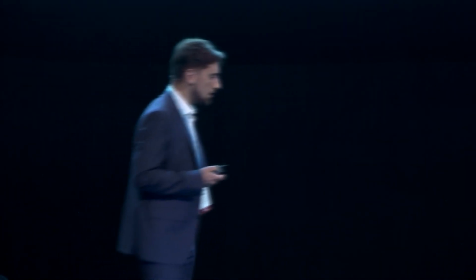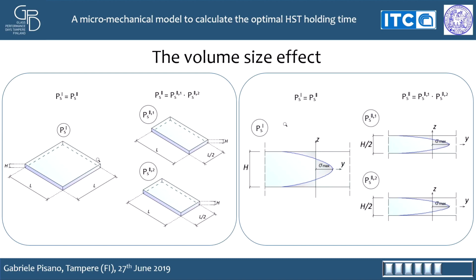So for what concerns the volume size effect of the model, it is such that if we compare a pane of thickness H and area A with two panes of thickness H and area A on 2, the survival probability of this pane is exactly equal to the probability that none of the two smaller panes fails.